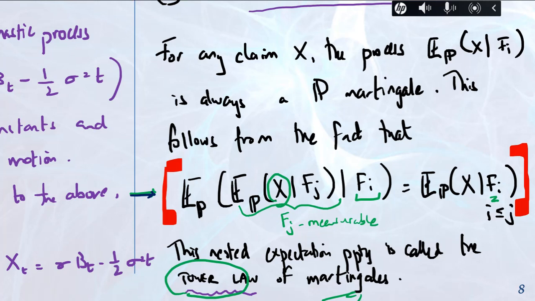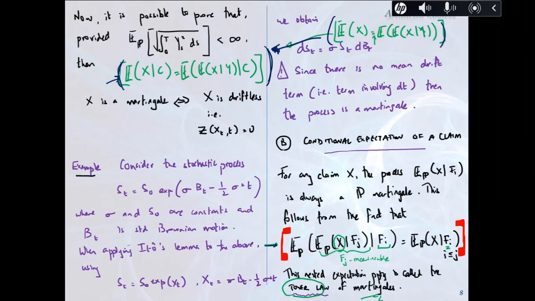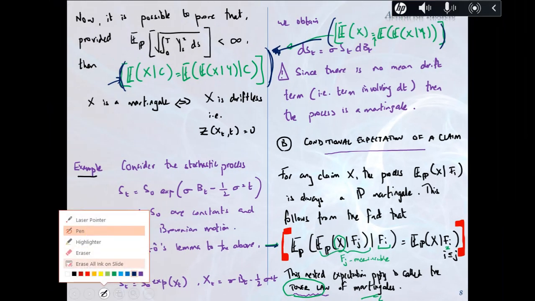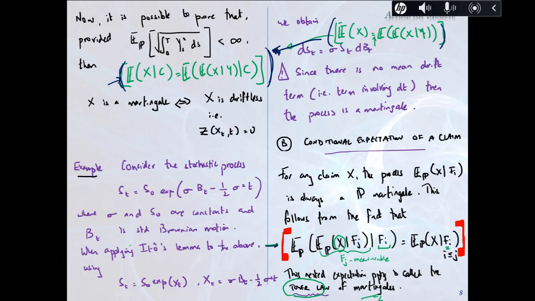So the expectation of X given Fj, which is Fj measurable, given Fi becomes the expectation of X given Fi, which is now Fi measurable. I think you will understand why when I recall the martingale definition. This is the martingale definition.